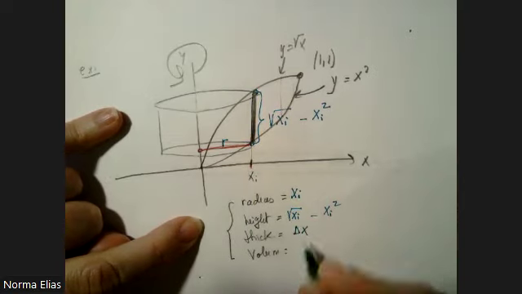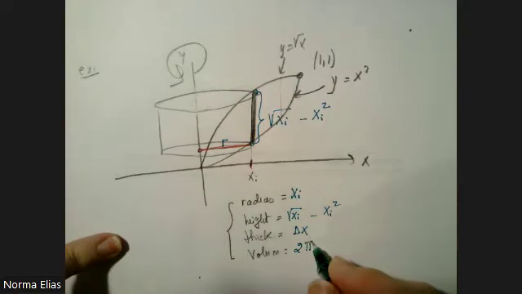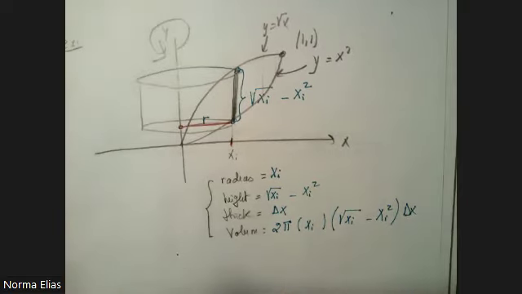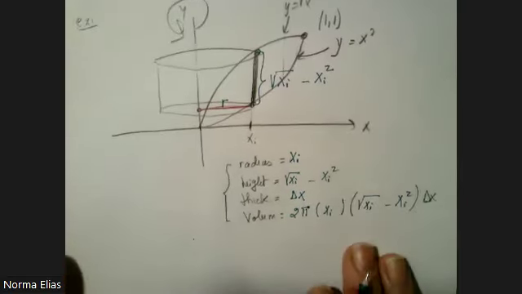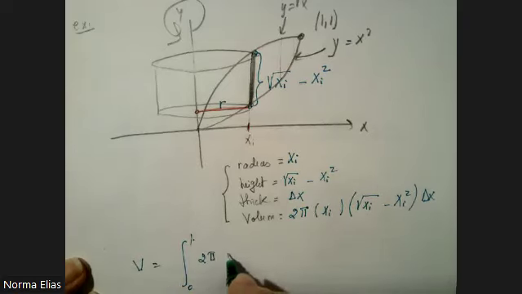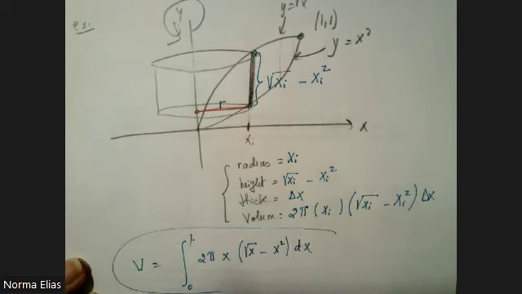Thickness is delta x. Volume is 2 pi times the radius times the height times the thickness, which makes it into volume. Finally, the whole volume is the integral from 0 to 1 of 2 pi x (root x minus x squared) dx.